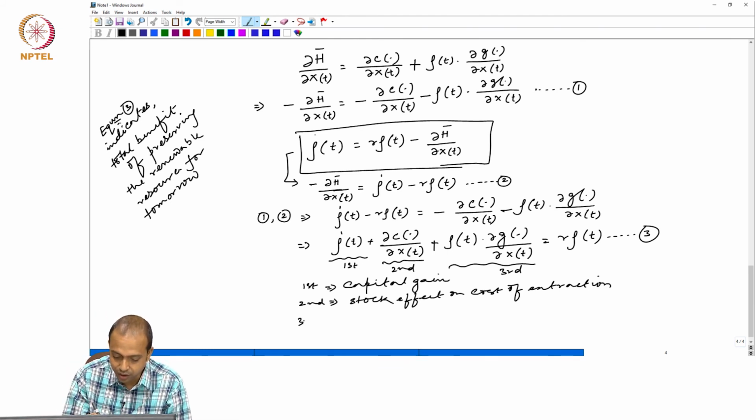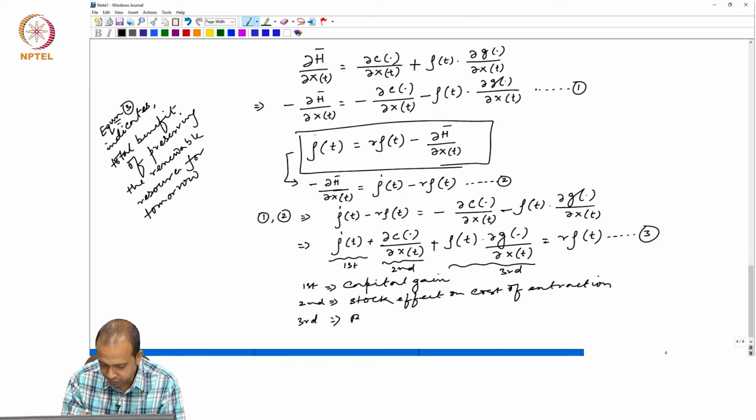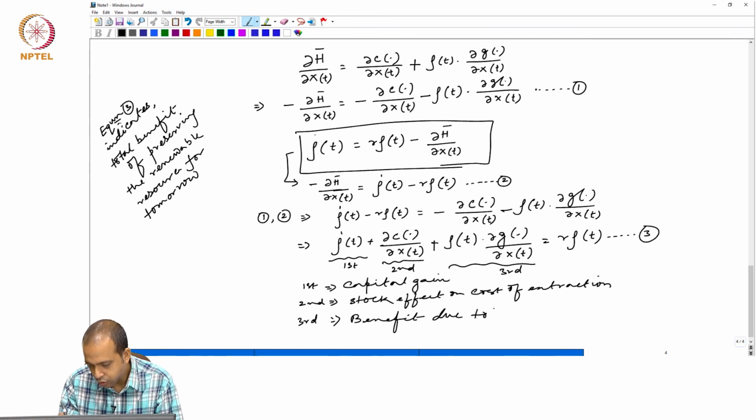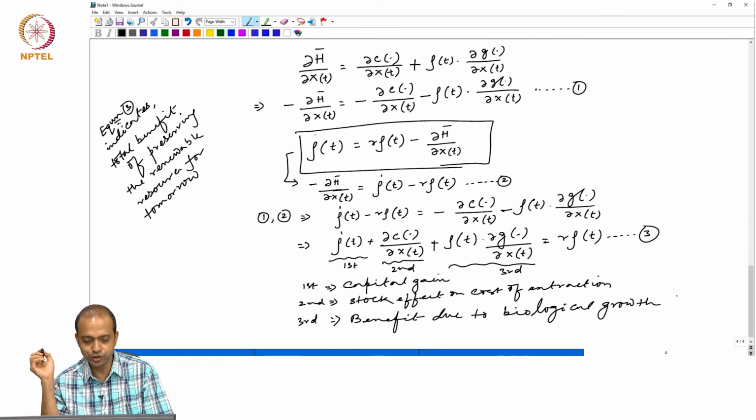That is why third component basically indicates benefit due to biological growth, which was absent earlier in the context of non-renewable resource.